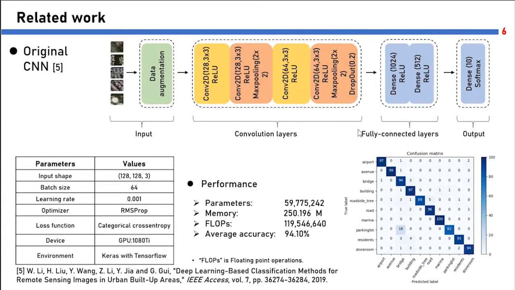The original CNN consists of 4 convolutional layers and 3 fully connected layers. It is worth noting that the number of convolution kernels in the first 2 layers is 128, and the number of convolution kernels in the second 2 layers is 64.